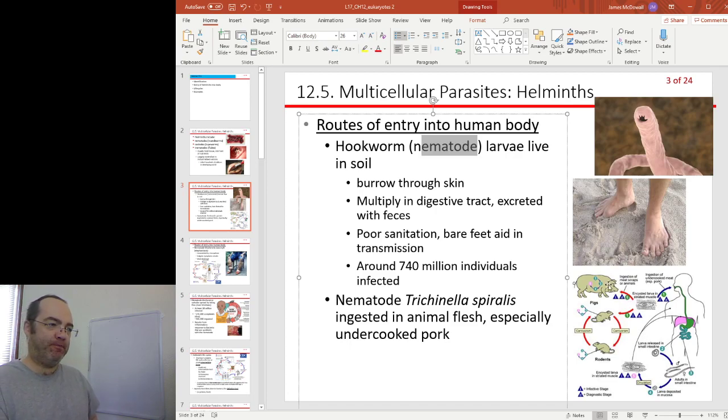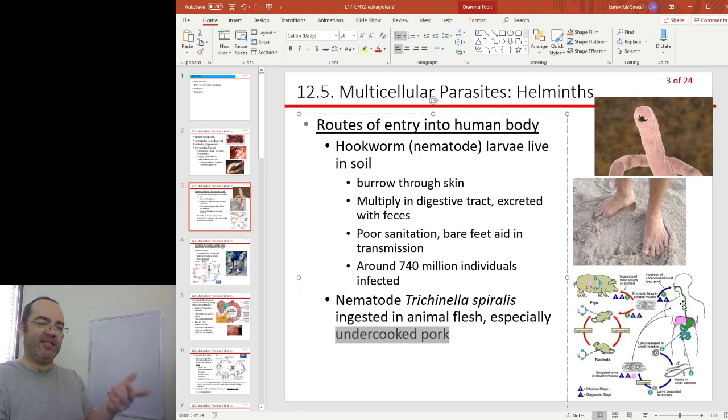For example, a pig eats some contaminated scraps of meat. The pig gets infected. The worm then places its cysts into the pig meat. And then a human eats undercooked animal meat. Particularly undercooked pork is important.